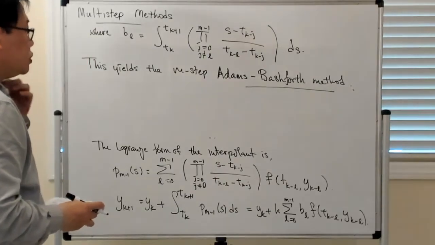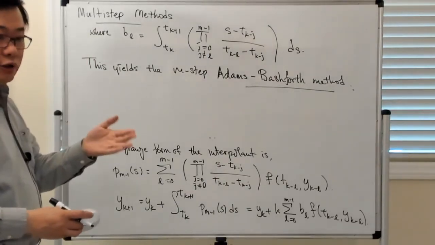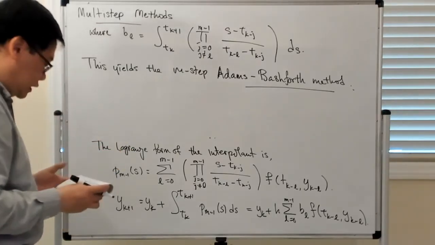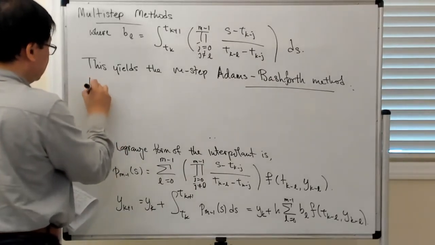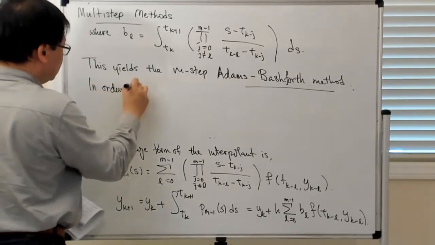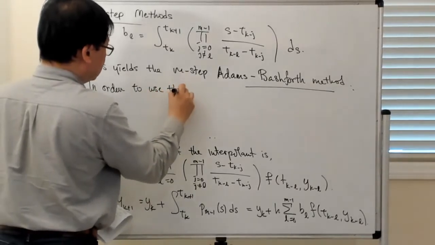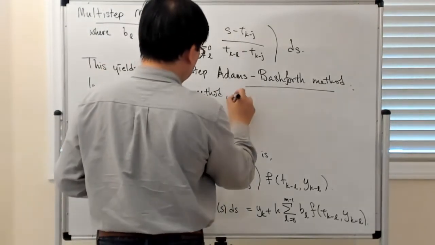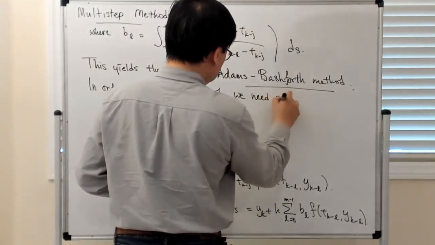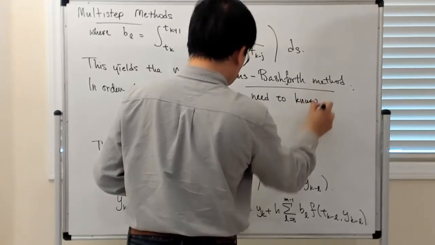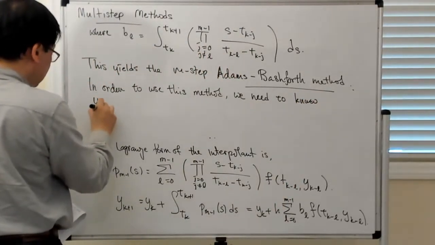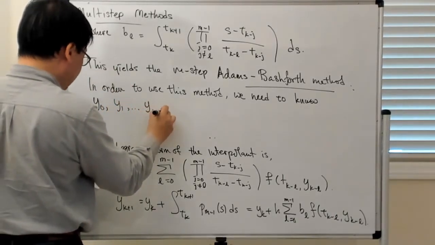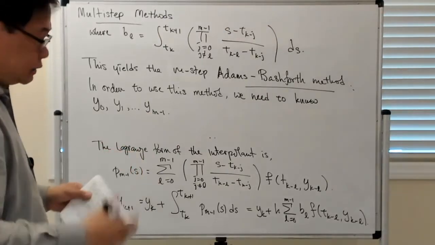So again, in order to use this method, you need to know not just the solution at the initial time, but the previous times as well, right? So in order to use this method, we need to know y at time t_0, y_1, all the way up to y at t_{m-1}.